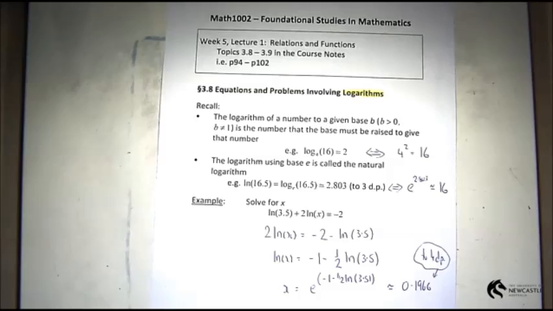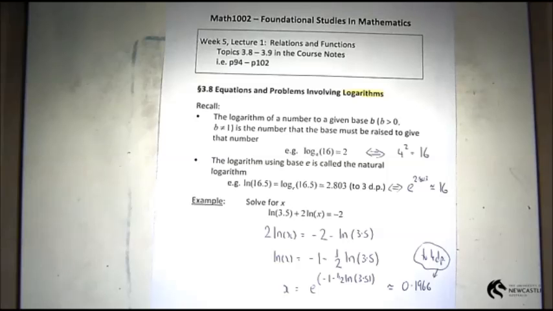Those two numbers are the same numbers. I've just done some arithmetic because I know my laws of arithmetic. You could quite happily get your calculator out and work that out and get, hopefully, what we've got over there, 0.1966.